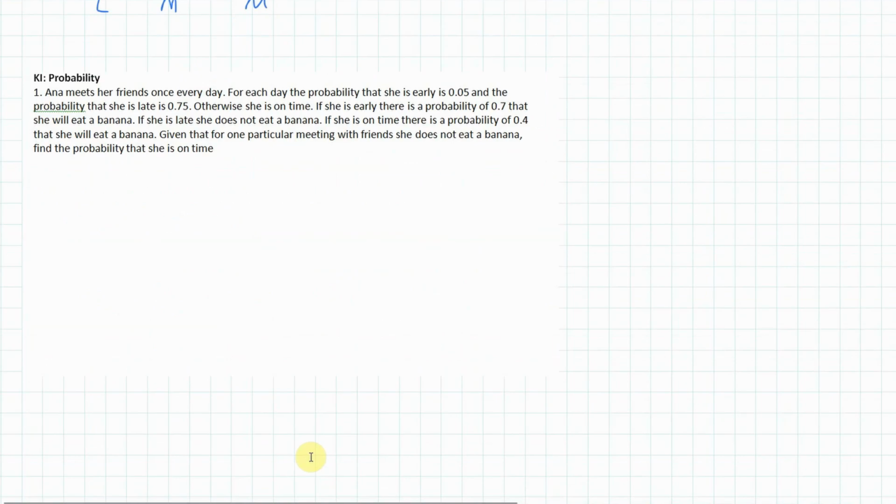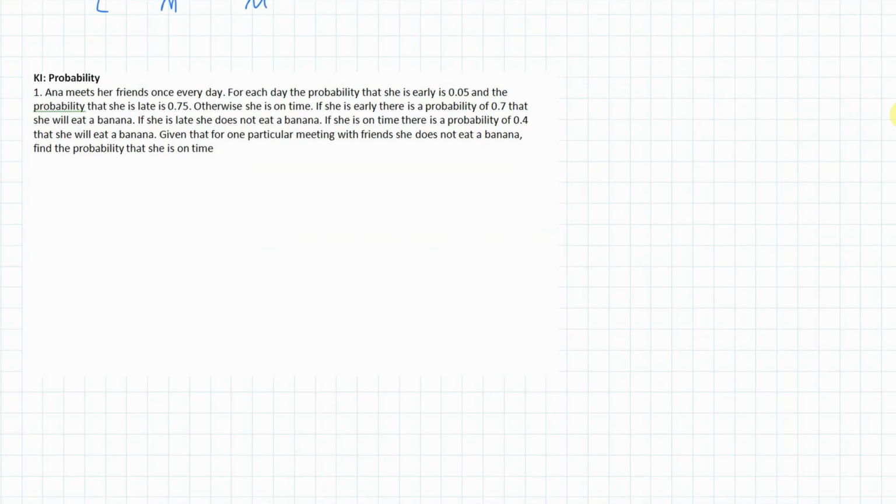The next one, the last one for the day, is Anna is meeting some friends every day. And for each day, the probability that she is early is 0.05, and the probability that she is late is 0.75, otherwise she's on time.